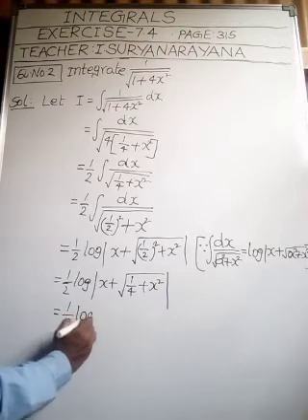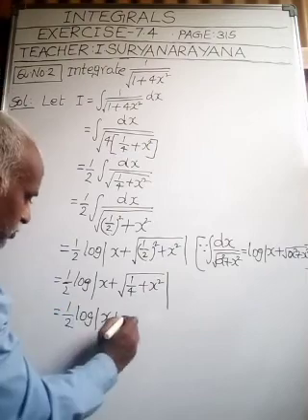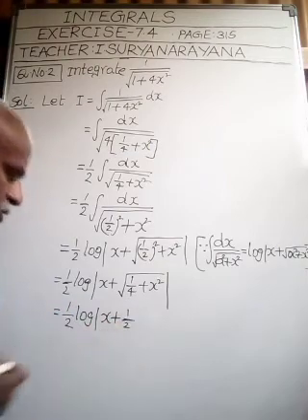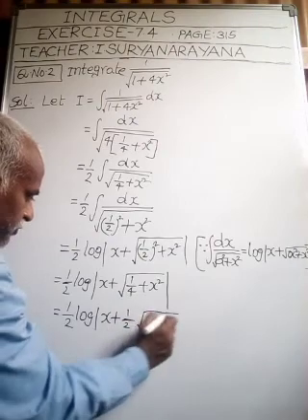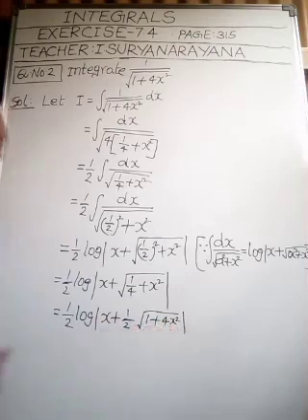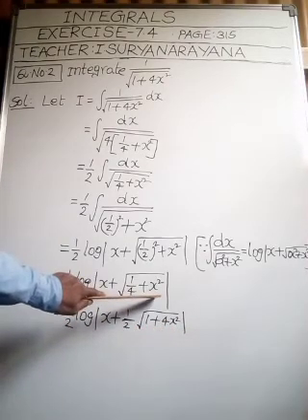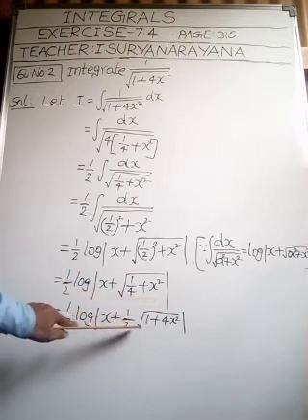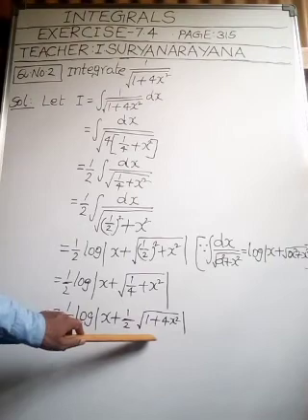Log mod x plus 1 by 2 into square root of 1 plus 4x square. If you take LCM, 4 is the LCM. When it comes out, it is 1 by 2, and we get square root of 1 plus 4x square. Understood this step, my children?